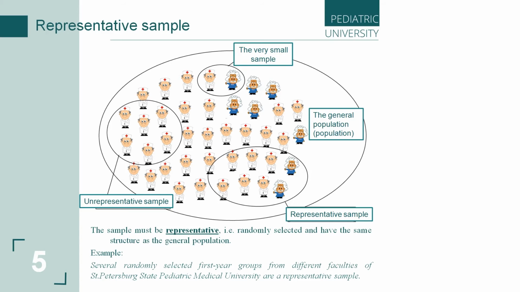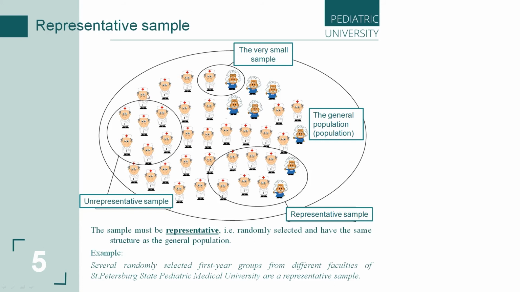If we discuss freshmen, or first-year students, in our university, for example again, you and I can't just take dental students for the study, because then that sample would not show the real structure.